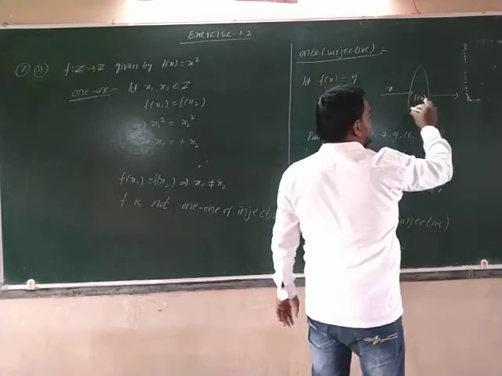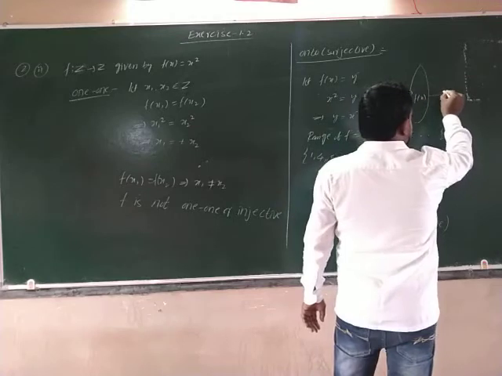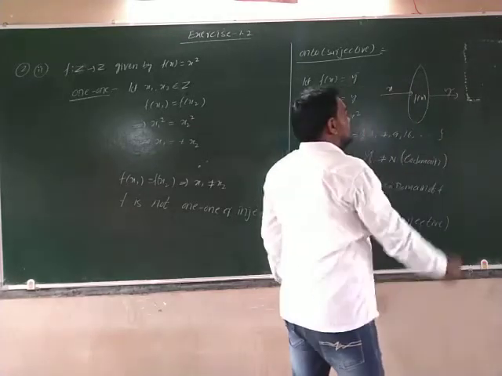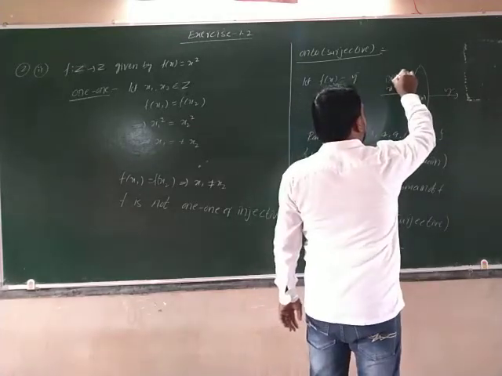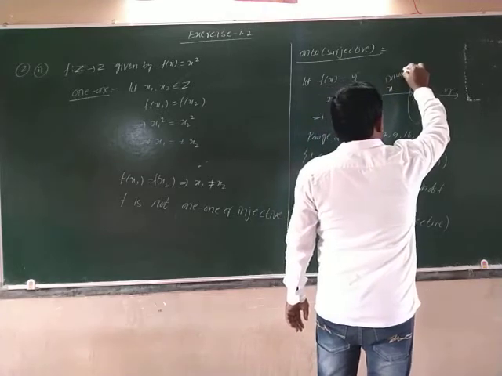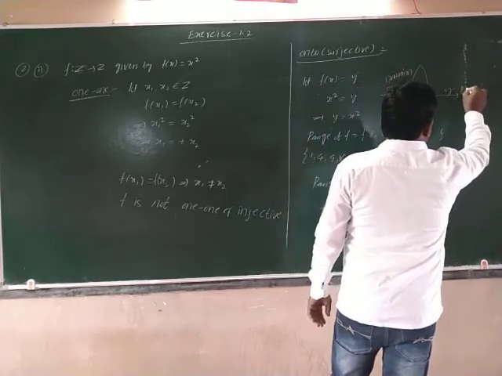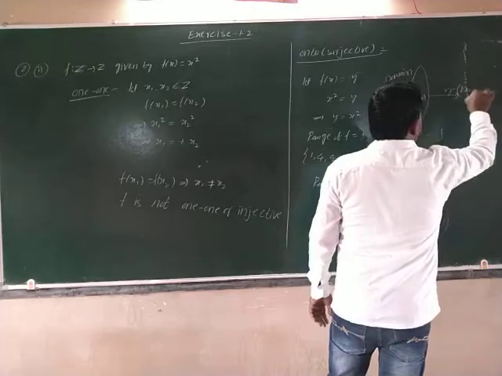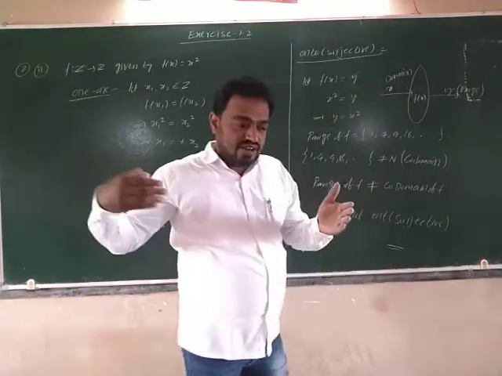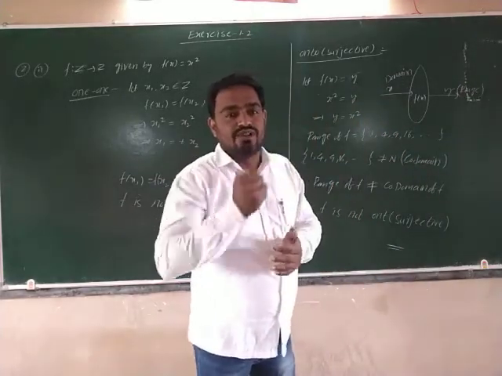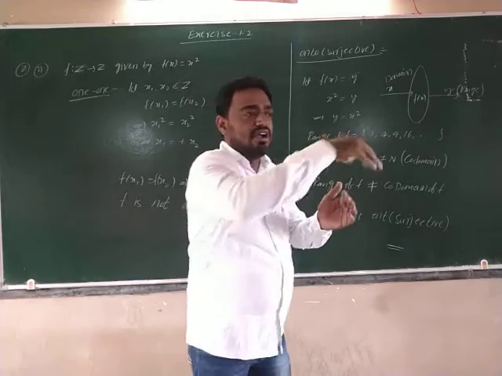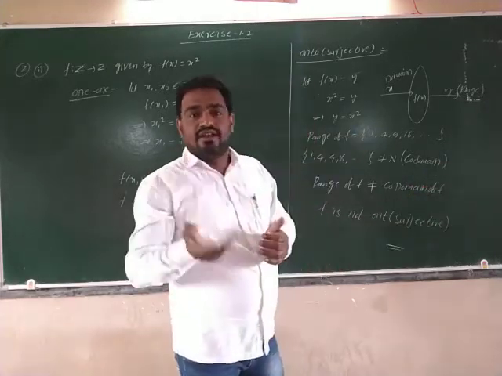After some simplifications, we are getting that output. That is why x is the domain. This output is the range. Understood? Output is the range. So what we are inputting, those values are domain elements. Output result is the range.